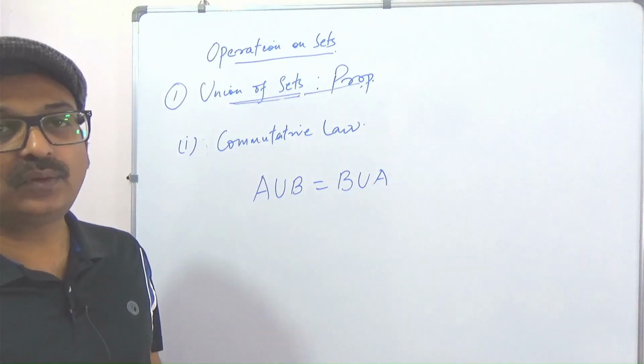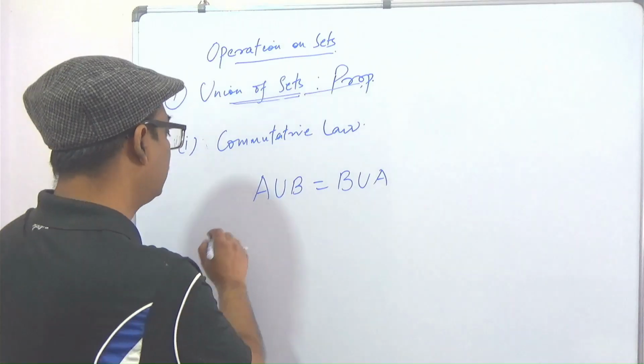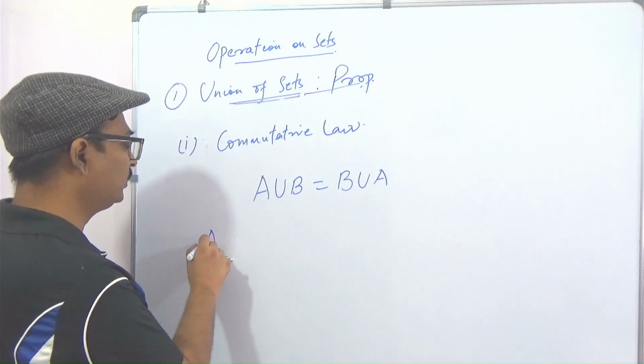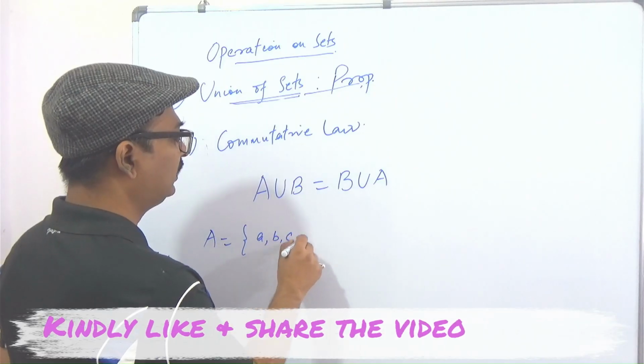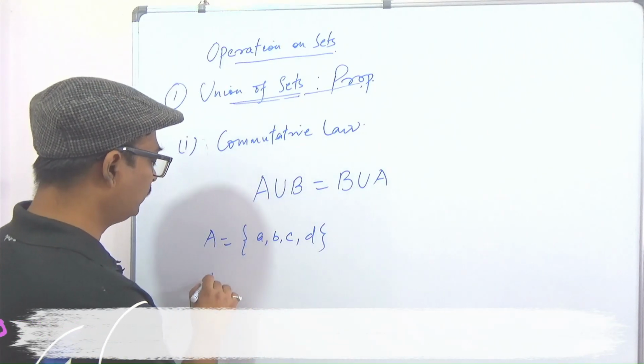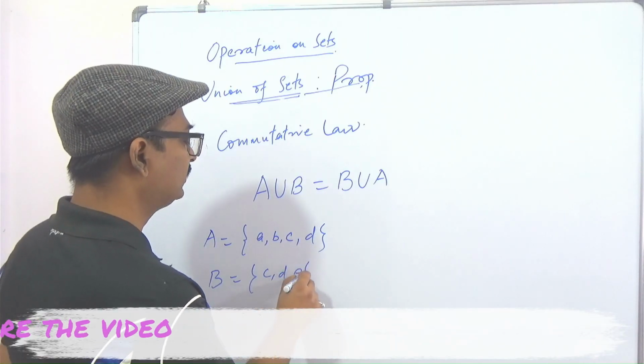This is very logical. Let's understand it again with our same example. A was {A, B, C, D} and B was {C, D, E}.